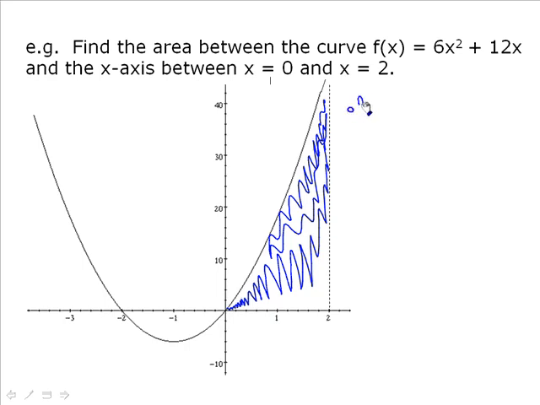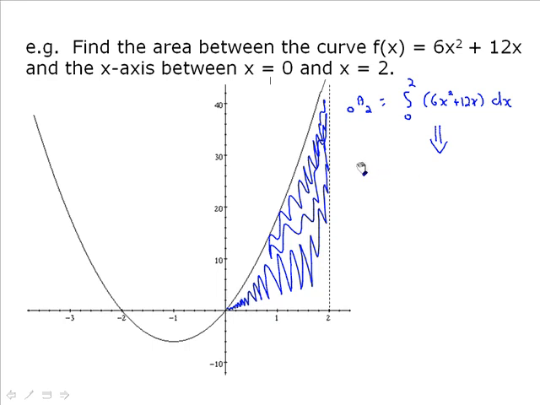The area between 0 and 2 is equal to the definite integral from 0 to 2 of the function 6x squared plus 12x dx. So reminder again, when you anti-differentiate the given function, you're getting the area function.